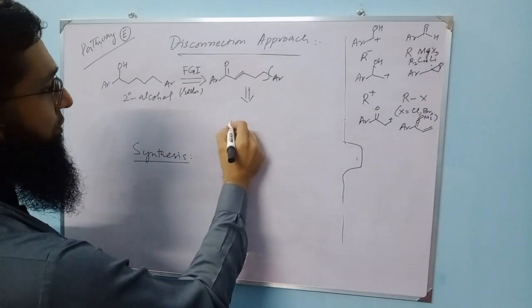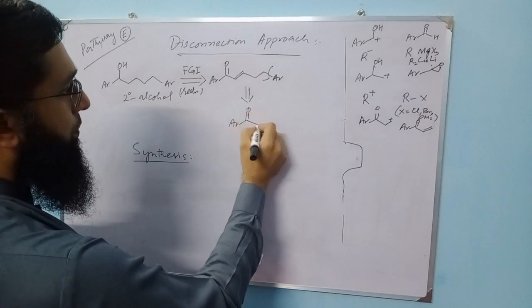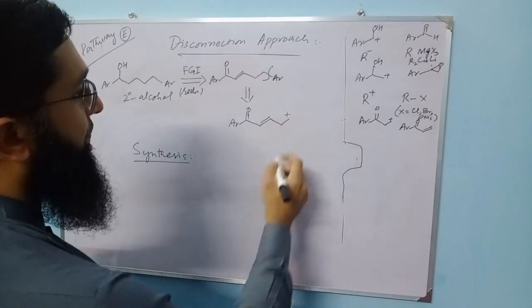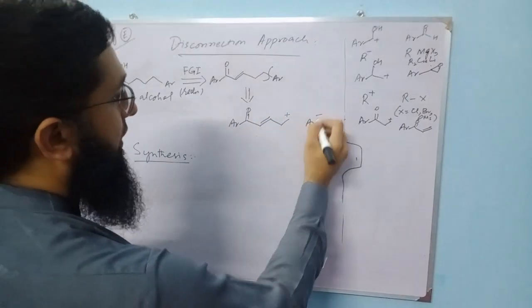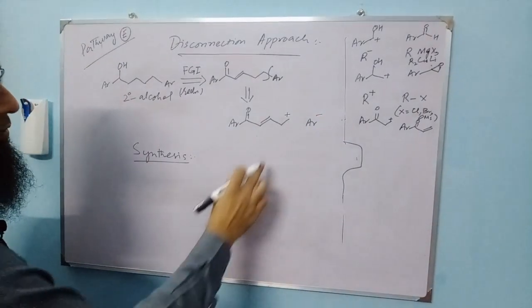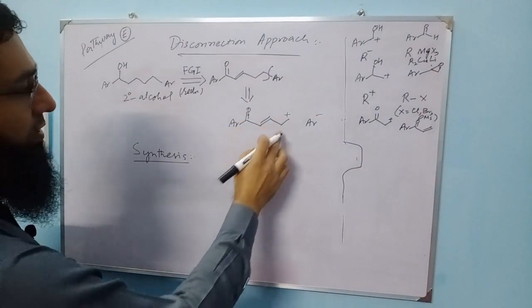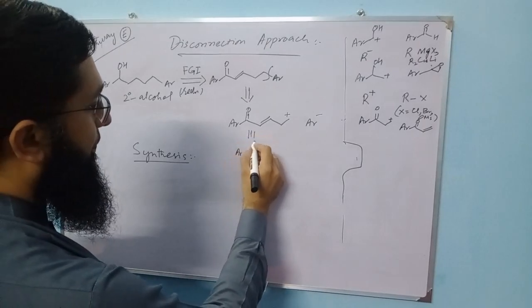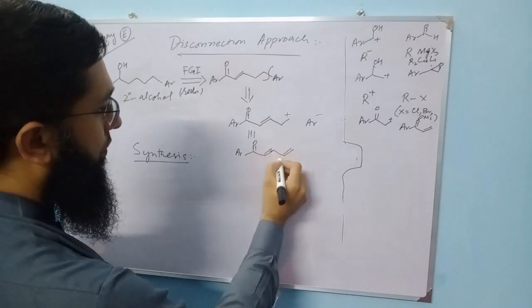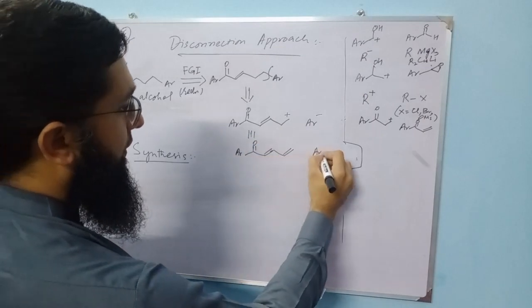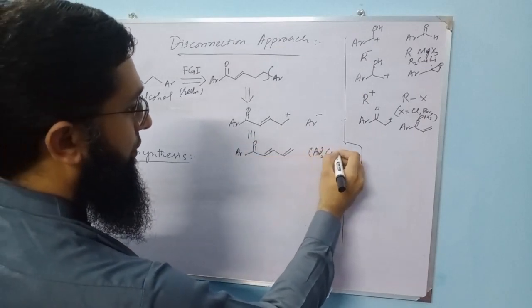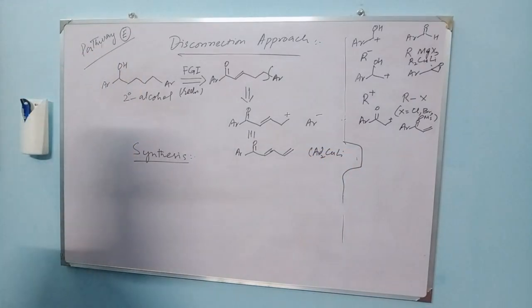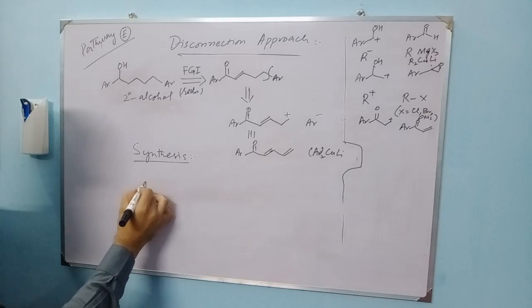As a result of disconnection, we get positive here and negative here. So this would be a candidate for extended conjugation. So its reagent would be this, and here Ar2CuLi, again lithium dialkyl cuprate. Now synthesis.